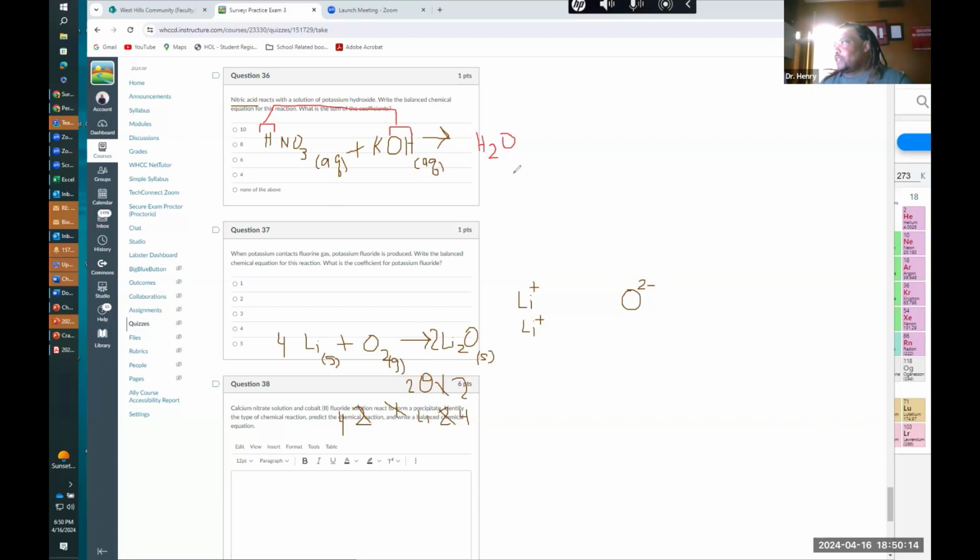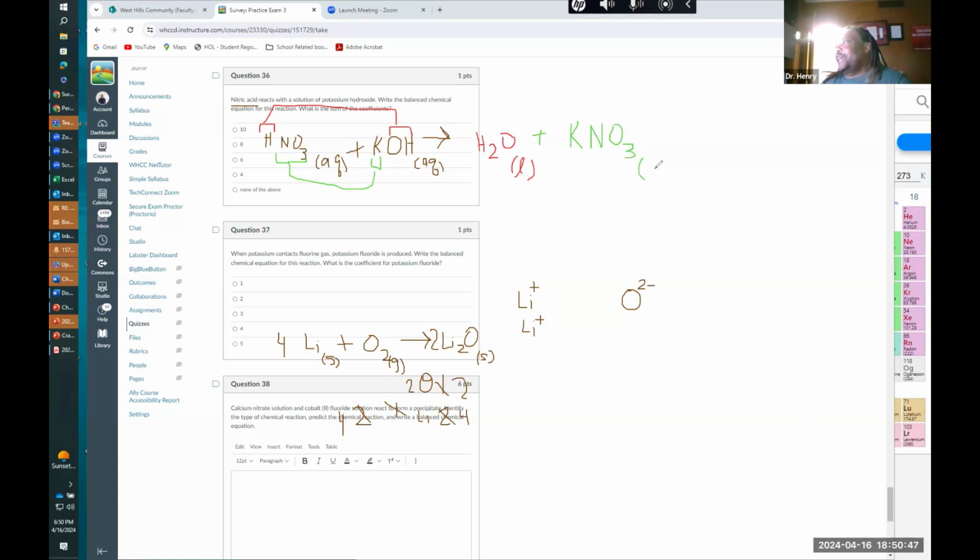And water is always a liquid, unless it's a gas or a solid. Is that going to be potassium? That's right. Potassium with that one, nitrate. There you go. The positive always goes first.